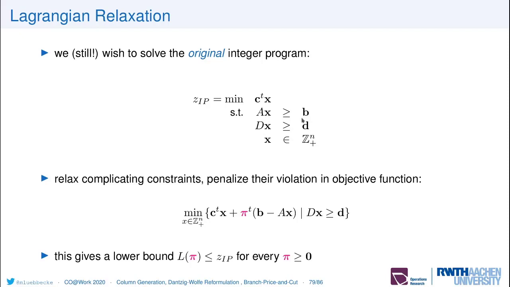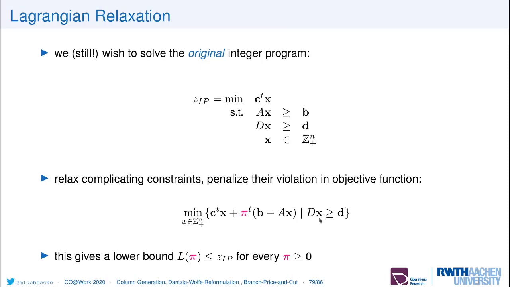What remains is an easy to solve problem, hopefully even in integers, but relaxing the constraints entirely maybe would give a too loose relaxation. I would lose too much structure. Instead, what I do, I keep the constraints, but only as a penalty when they are violated in the objective function.